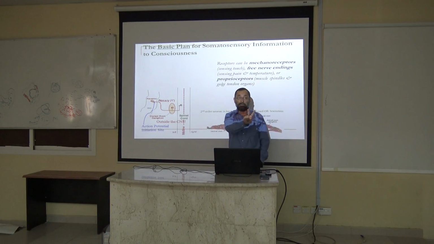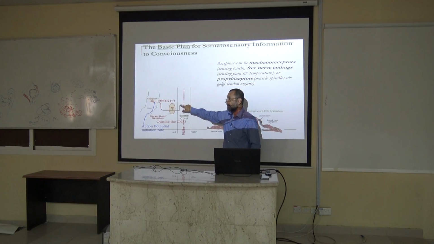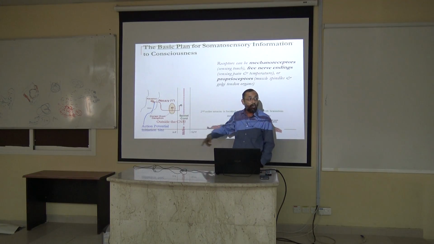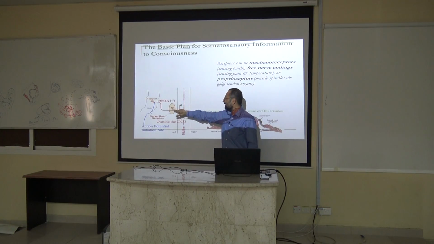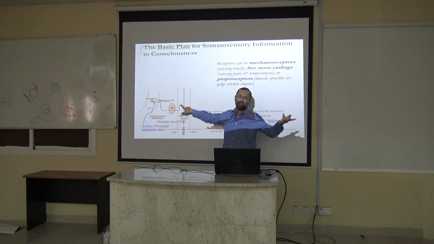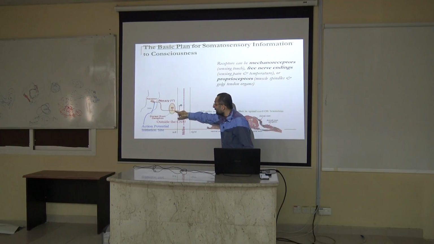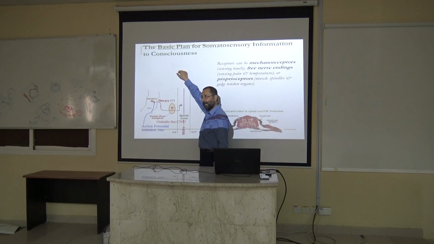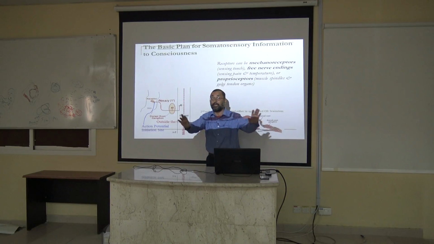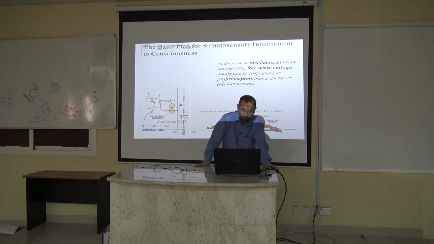Please, there are two possibilities. The second order neuron may be present in the spinal cord or it may be present in the brain. If it is in the spinal cord, then the fiber will easily connect, no problem. If it is in the brain, then the fiber has to travel all the way to the brain and then it will synapse. You know the meaning of synapse? Yes. Okay. All right.